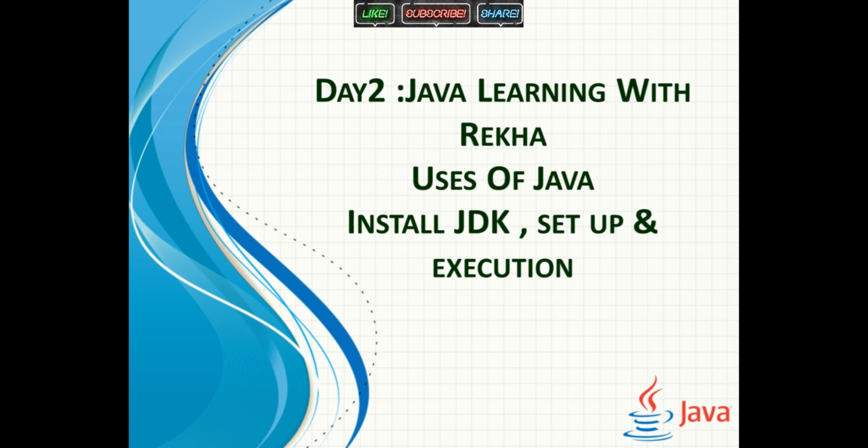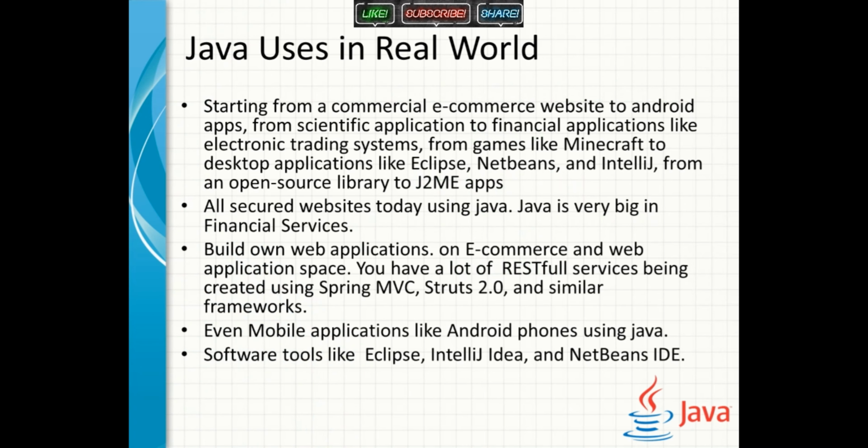So let's get started with the uses first. Starting from commerce to Android applications, from scientific applications to financial applications, this is the broader range where it is used in the real world. This is very important: all secure websites today use Java.